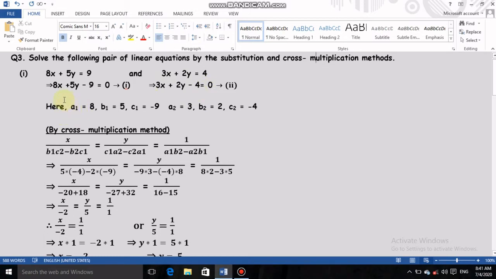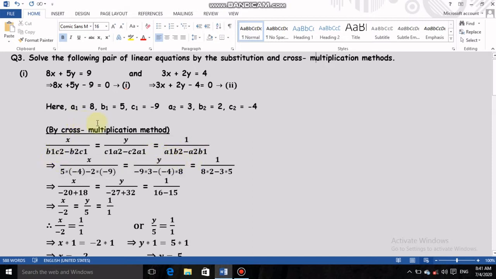Here a1 is 8, b1 is 5 and c1 is minus 9, a2 is 3, b2 is 2 and c2 is minus 4. By cross multiplication method, x by b1 c2 minus b2 c1 is equal to y by c1 a2 minus c2 a1 is equal to 1 by a1 b2 minus a2 b1.